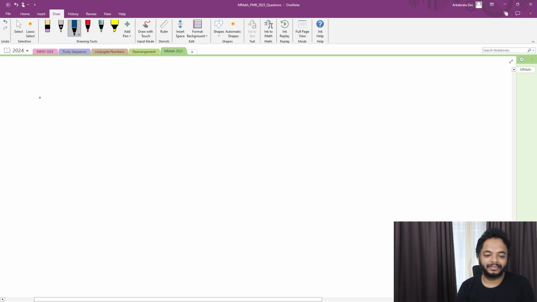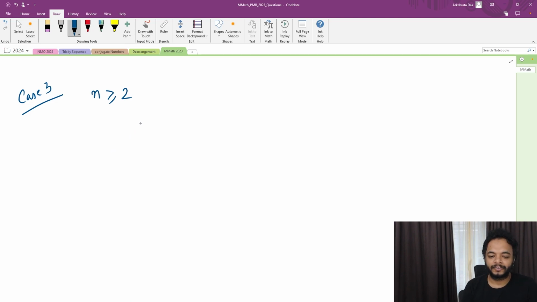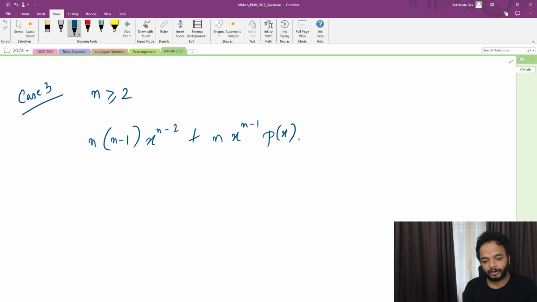Now let's consider case 3, where n is greater than or equal to 2. If I differentiate it, what do I get? n times (n minus 1) times x to the power n minus 2, plus n times x to the power n minus 1 times p(x), plus x to the power n times q(x), and that should be equal to 0.